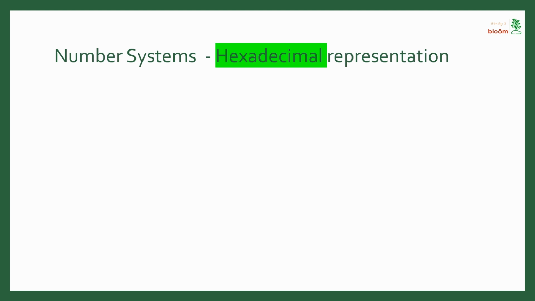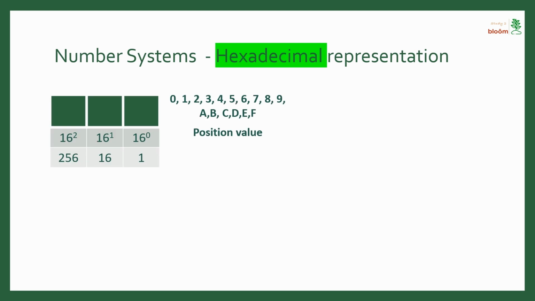Hexadecimal means 16, so we need 16 different kinds of digits. In decimal we get 10, that is 0 to 9. So how to represent the remaining 6 values? For that we use the Roman characters A, B, C, D, E, F to represent digits.